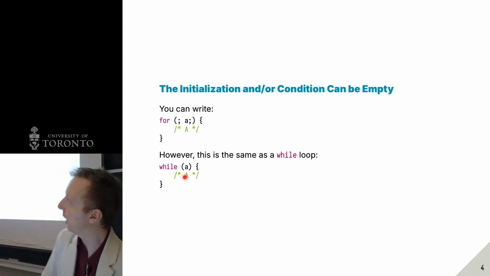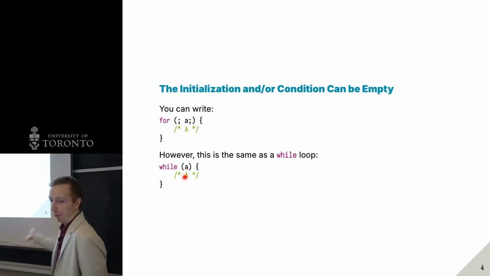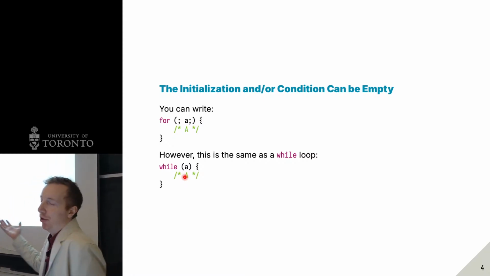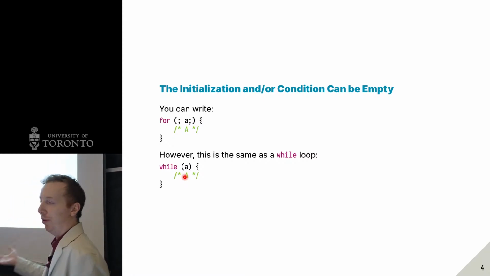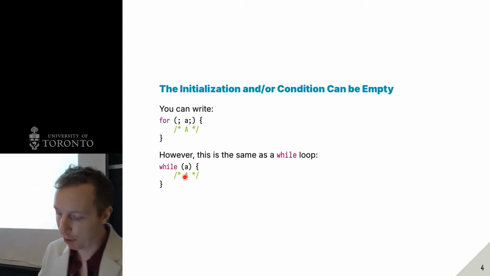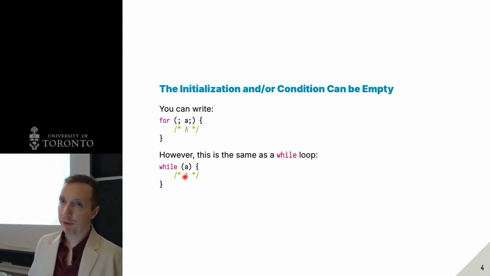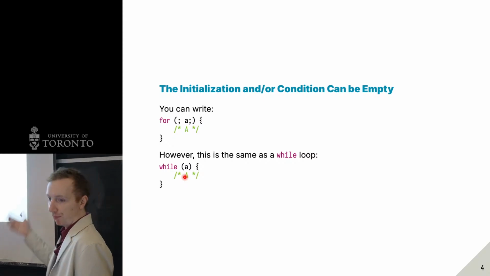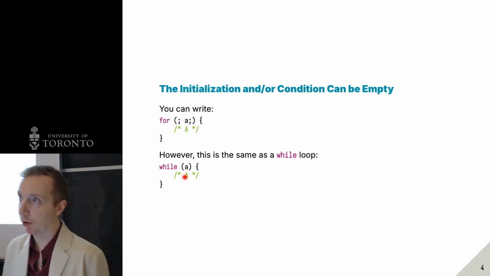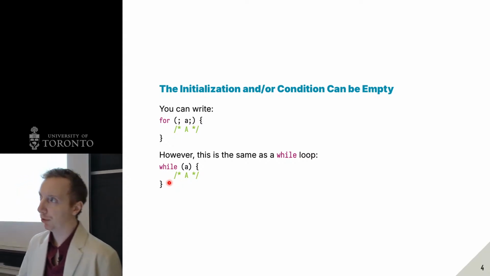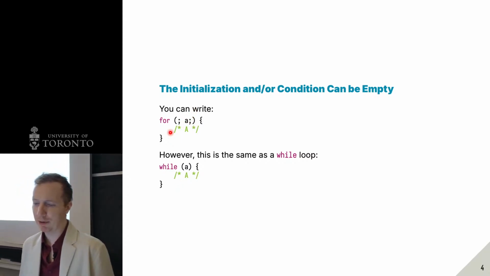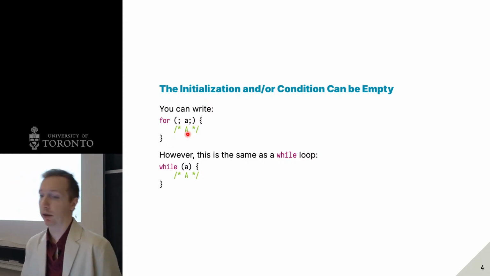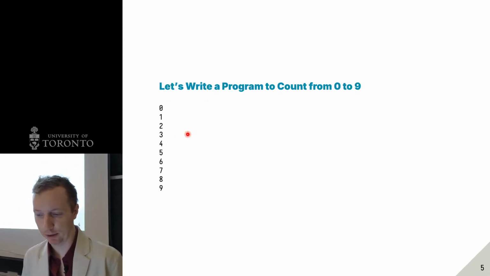So it's functionally equivalent to just while A. So if for some reason you don't like while loops, you can now never write them again if you don't want to. The style is, if you know how many times the loop should iterate, you should use a for loop, and if you don't, you should use a while loop. So you should never write something like this. This is just to show you can write a for loop with missing things.